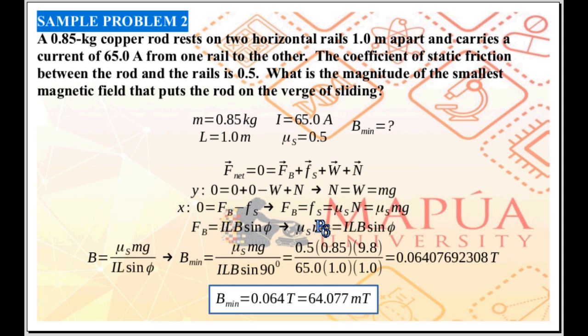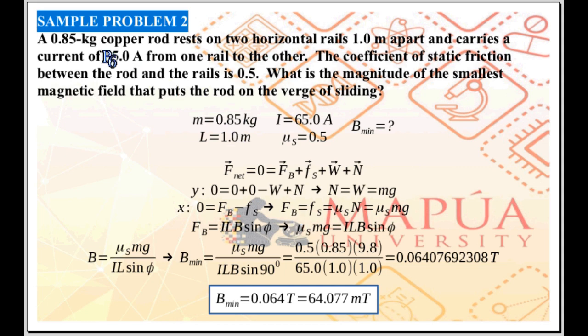And the maximum of the static friction is given by mu s N. Magnetic force is equal to the maximum value of the static friction. Any greater than this, the rod will start sliding. And since the normal force is just equal to mg, Fb is equal to mu s mg. Fb is the magnetic force magnitude.